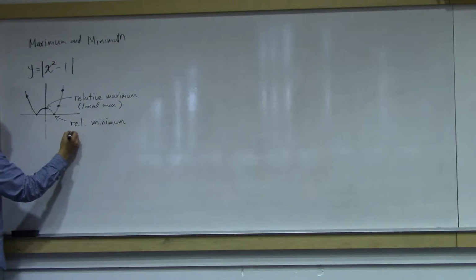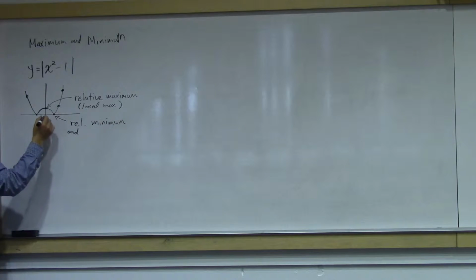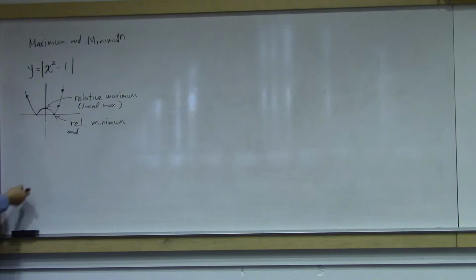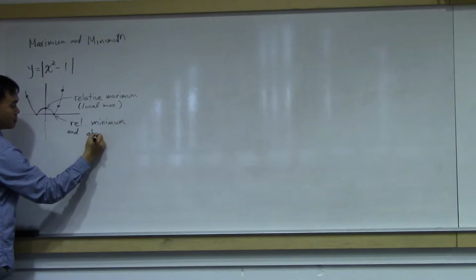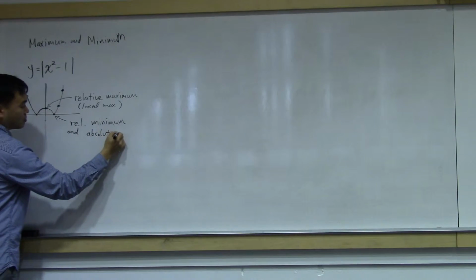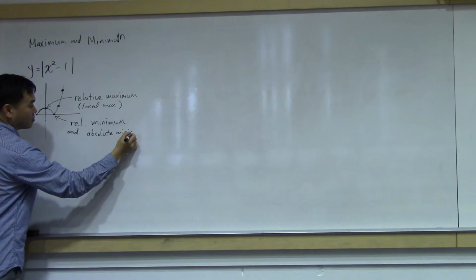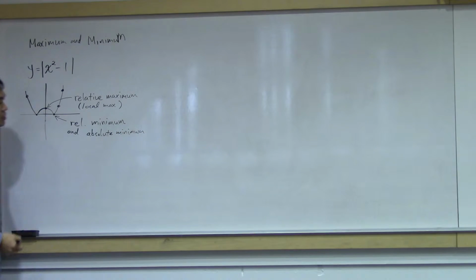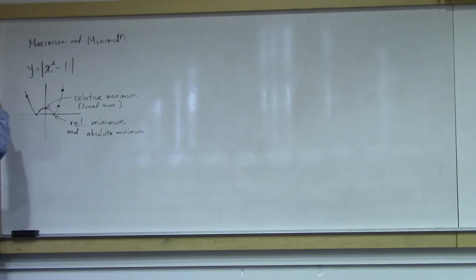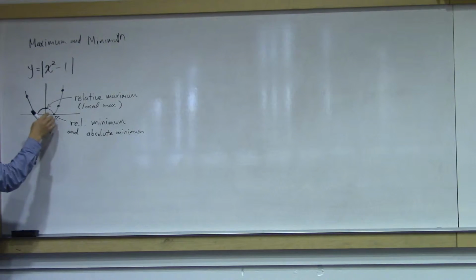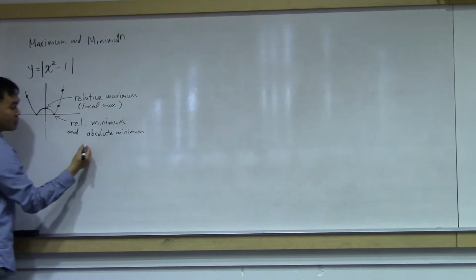But it's also a global minimum or absolute minimum. Absolute minimum means it's minimum even if you consider the entire function. It's the smallest value out of the entire function.